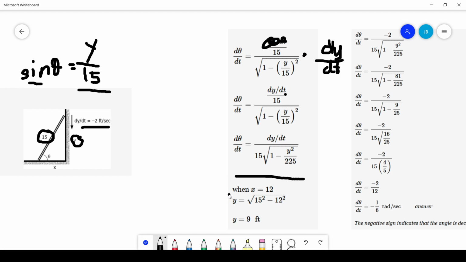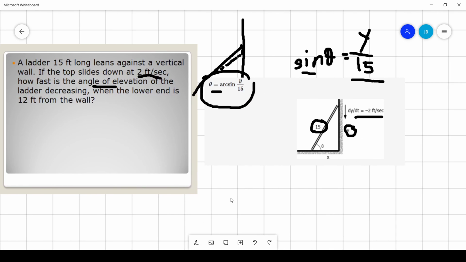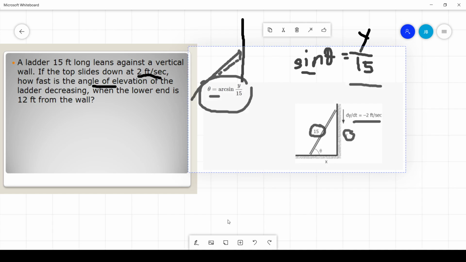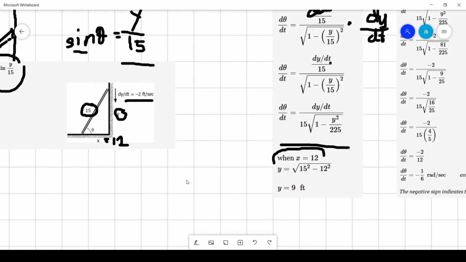Okay, so diri magamit anong when x is equal to 12. Okay, so when x is equal to 12, kung 12 daw ang lower end, when the lower end is 12 feet from the wall, unsa ang y?